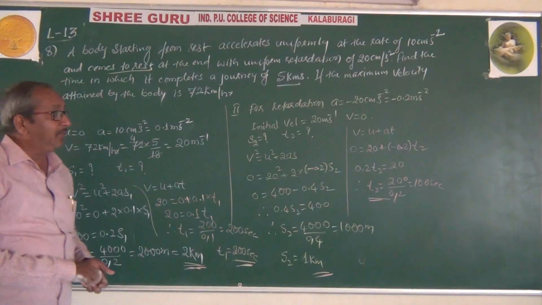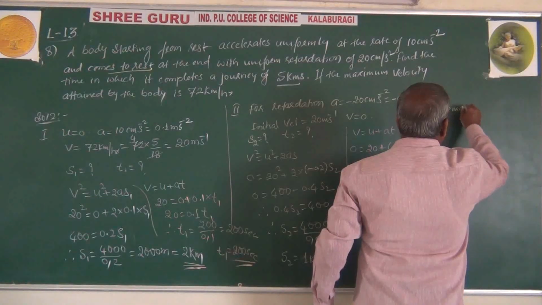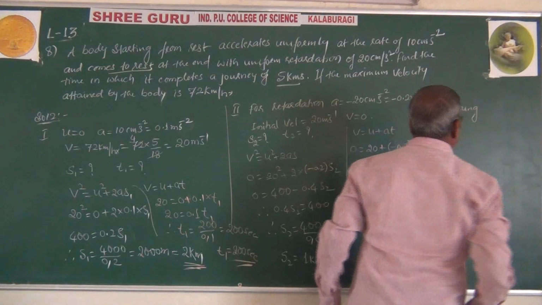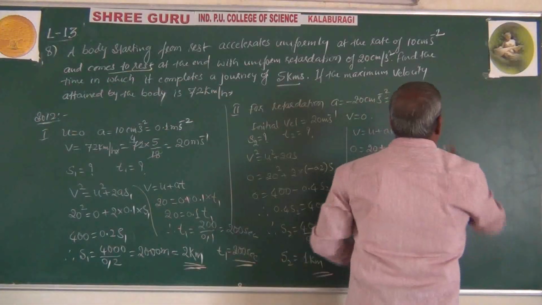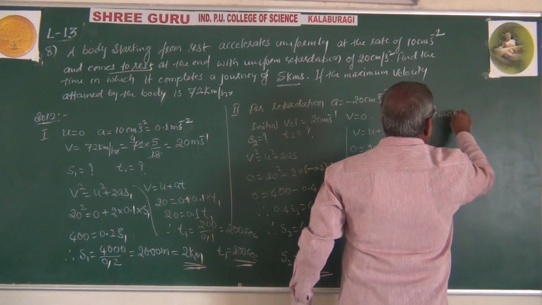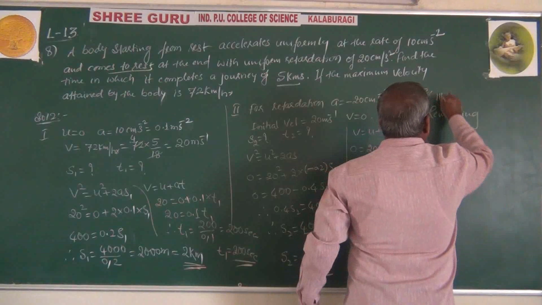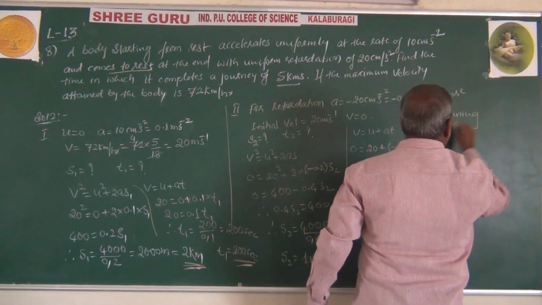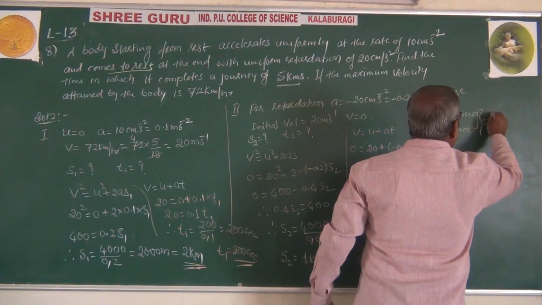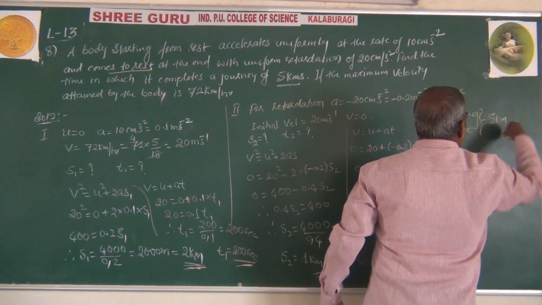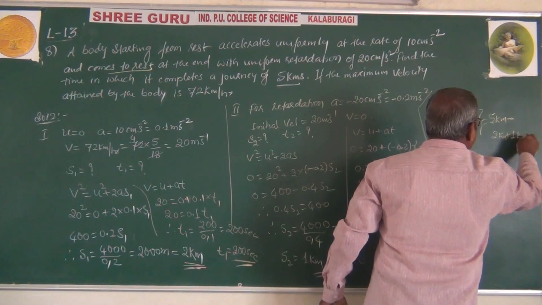Now next is the remaining distance. This is the third case. Remaining distance will be total 5 kilometers minus 2 kilometers plus 1 kilometer.